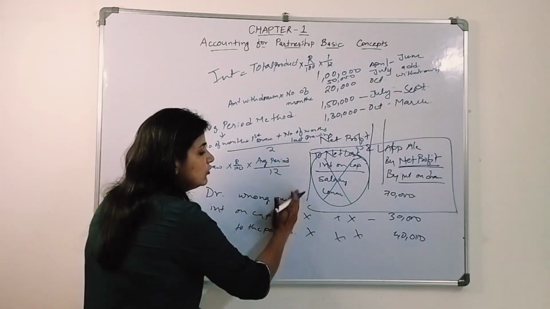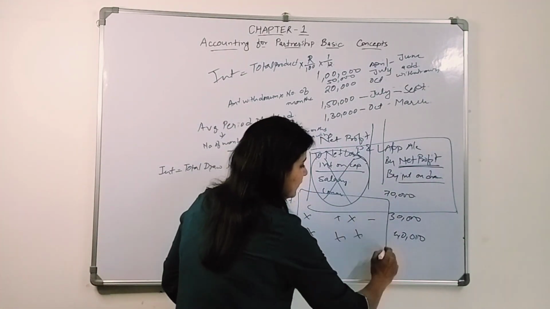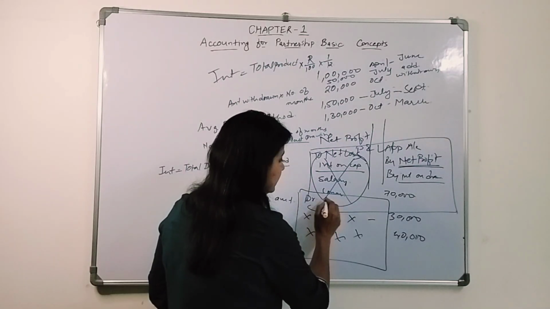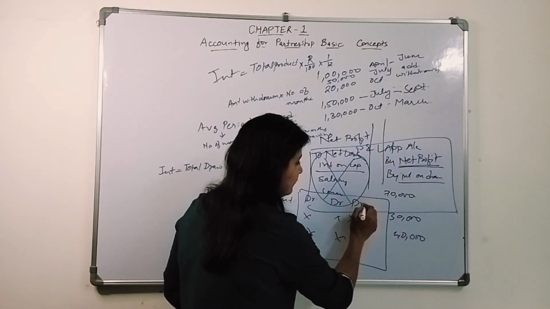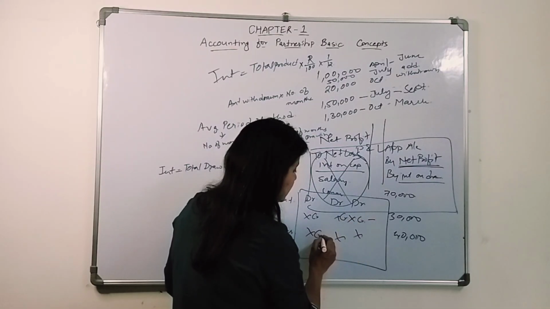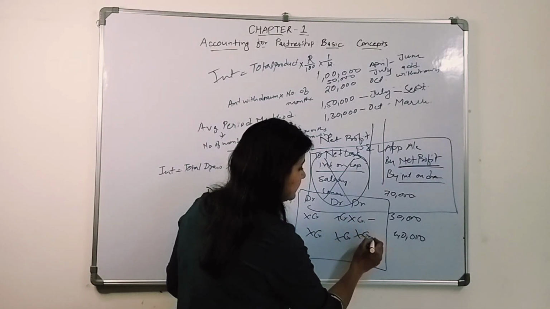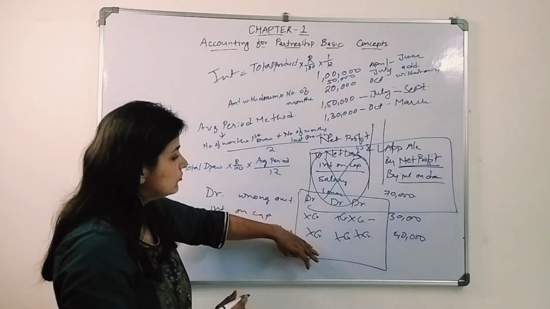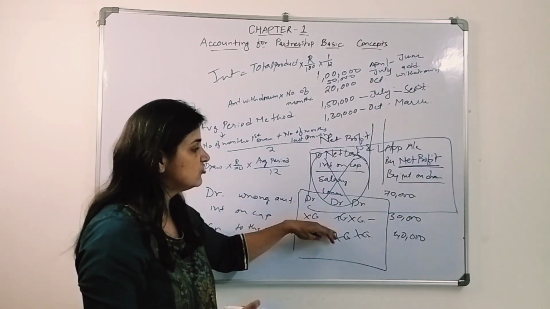So now you need to give the net effect of these things. This we have to debit, and these will be credited. Now you need to find out which amount is short and which amount is excess.